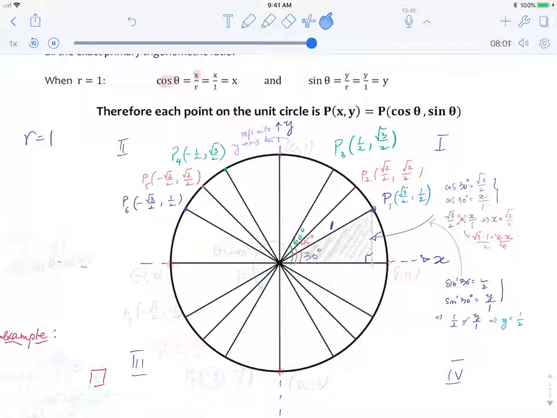Again, symmetrically, now we're going to reflect into quadrant 3. So we get a P7. Which coordinate will change here? From P6, do I keep x or y?